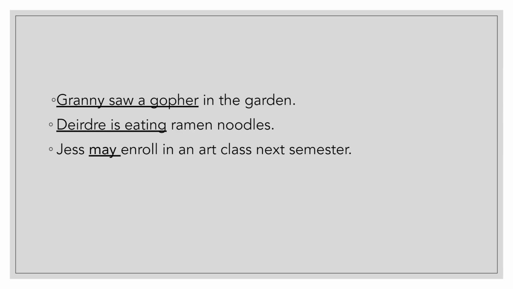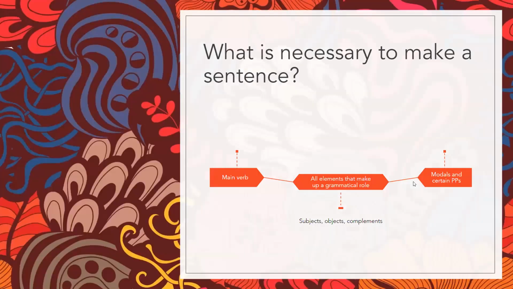Unlike the word will or won't, this is may. She may, she might. We're not sure, right? And removing that modal really is not going to give me a grammatically correct sentence, and it's going to take away some essential meaning. So whether it's a noun phrase operating as a subject or a direct object, or the verb itself, or a modal, those seem like pretty solid essential pieces of a sentence, right?